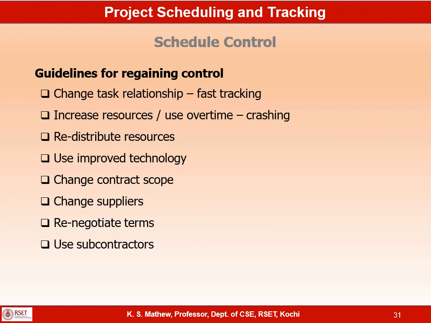So instead of waiting till completion of design, if there is a schedule slippage, you can start the coding in advance without waiting for the design to complete 100%. That approach is called fast tracking. You are trying to fast track the coding in order to avoid the schedule slippage of the project.